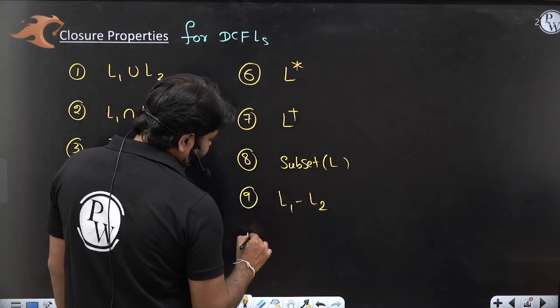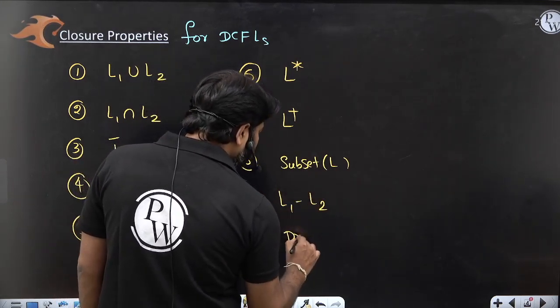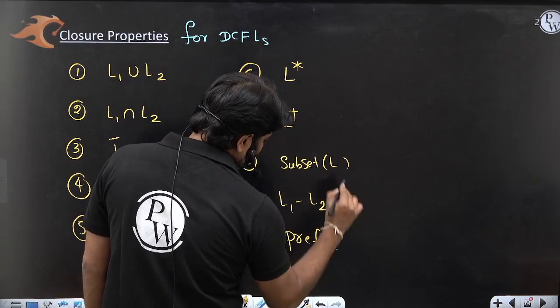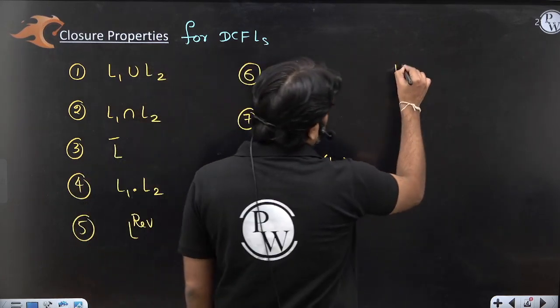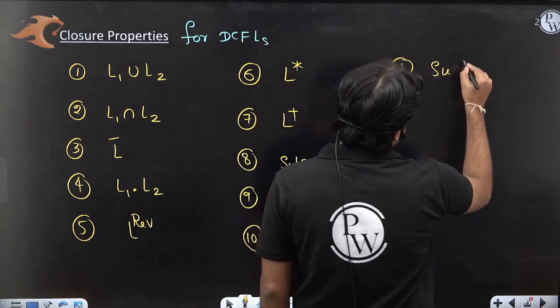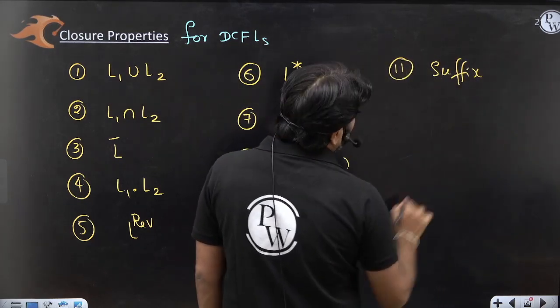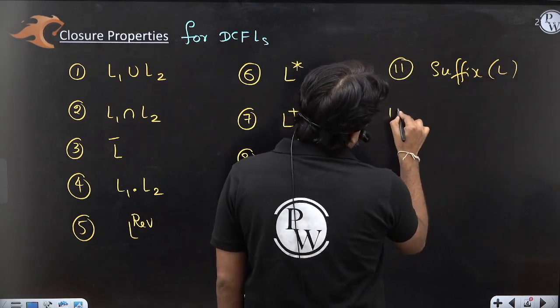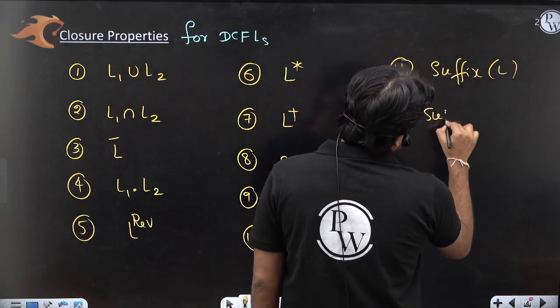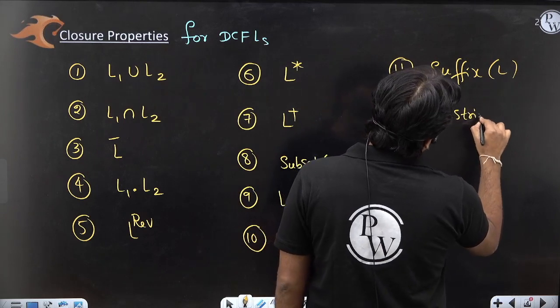Number 10, a very important operation, which is prefix. But also remember suffix and substring; they are not going to be much important, but they are not closed. Suffix and substring are not closed here. So let's talk about these 12 operations.